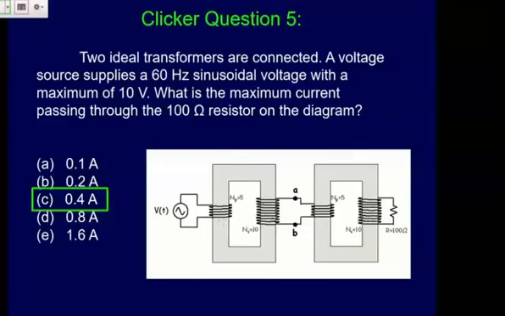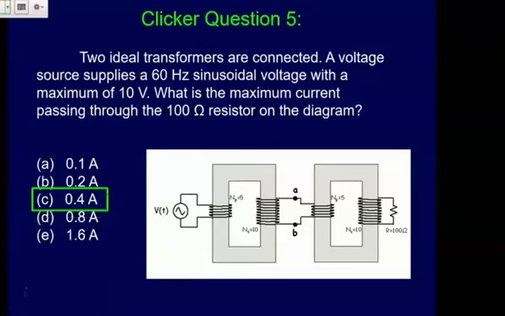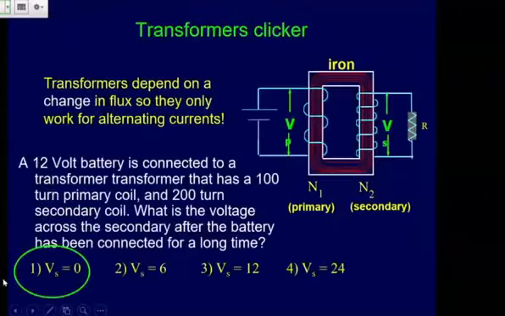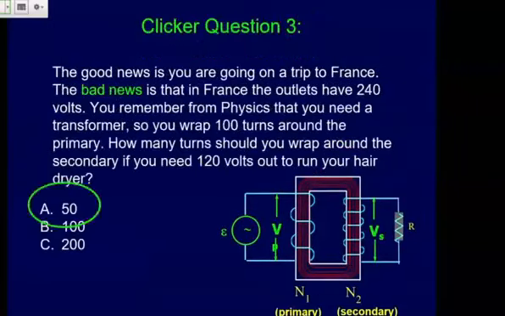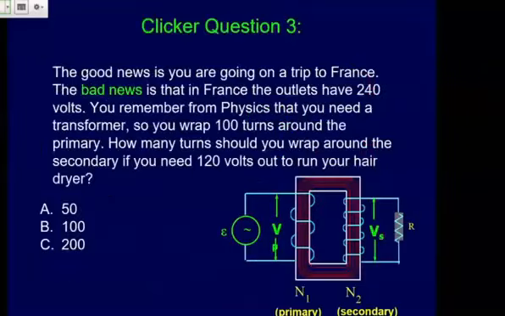And if we go back to our equation that we were dealing with, this guy right here: Vs equals Vp times Ns over Np.